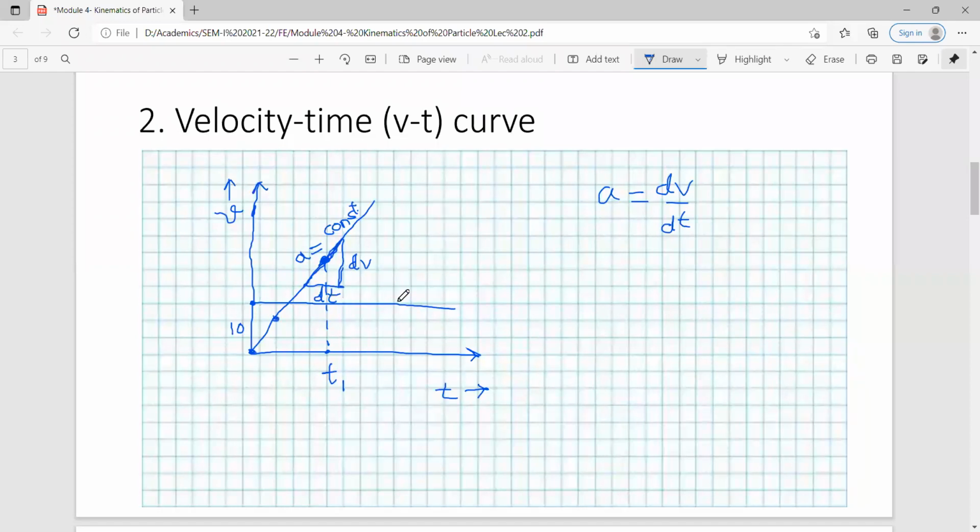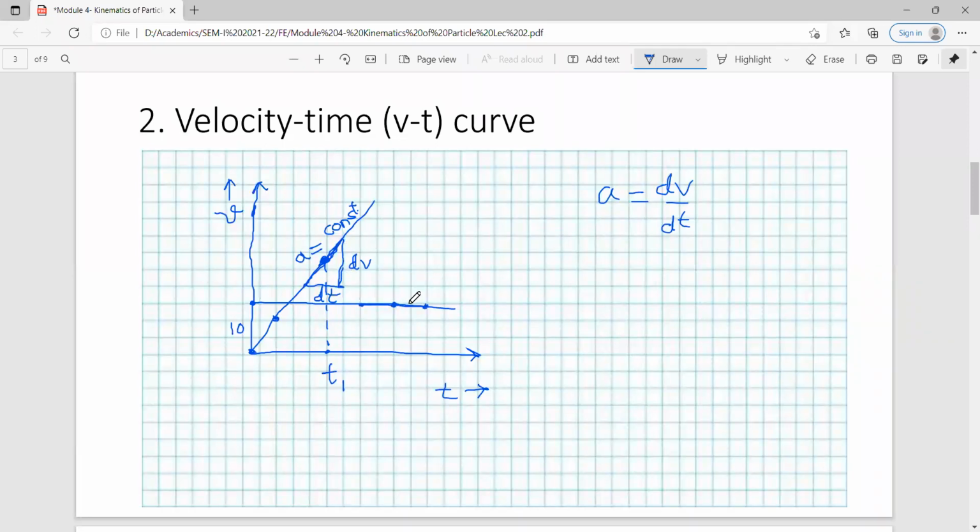If velocity is constant, and you draw a tangent on this line, how will that tangent be? It will again be on the line itself. What is the change in velocity? Zero. Change in velocity is nothing but vertical height. So this line has no vertical height.